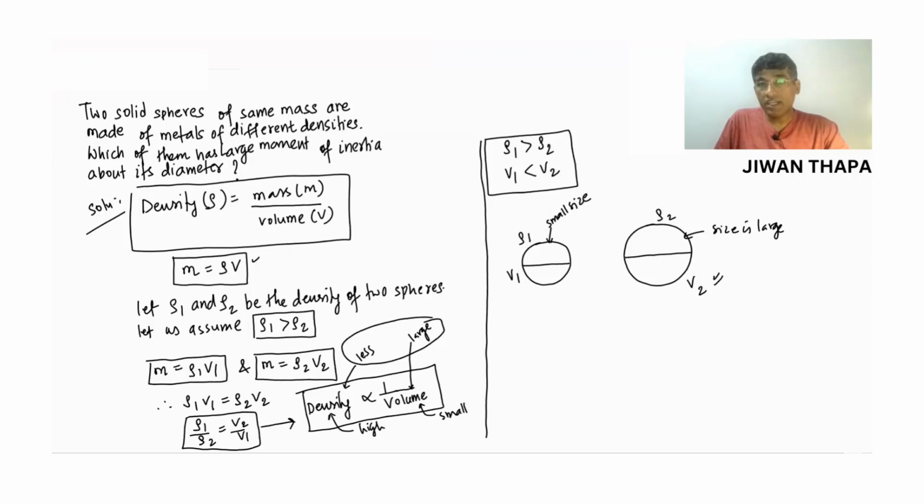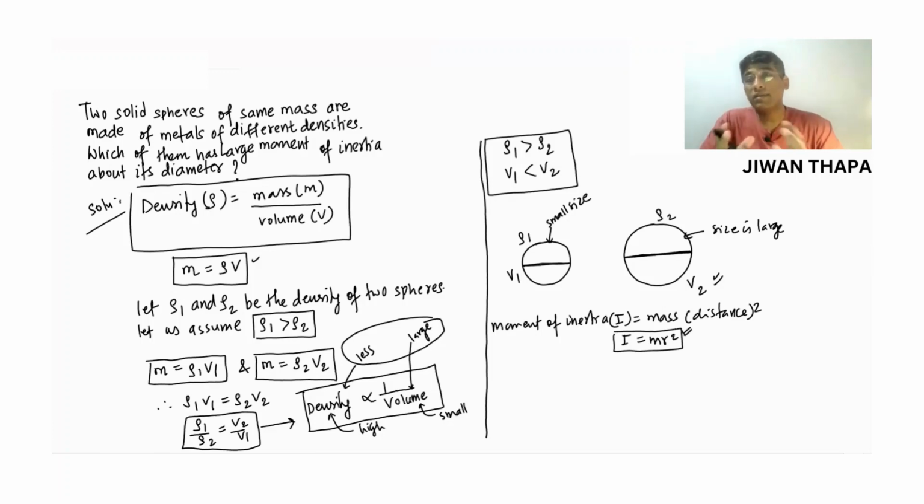So diameter of this sphere is greater in comparison to diameter of this sphere. And we know moment of inertia I equals mass times square of the distance, or we can simply write I equals mr square. So we use this relation.